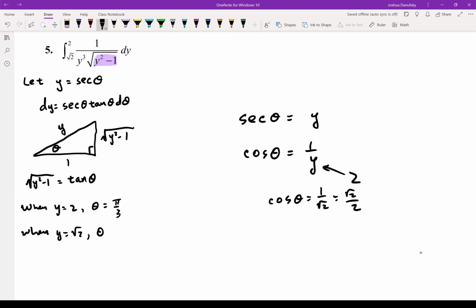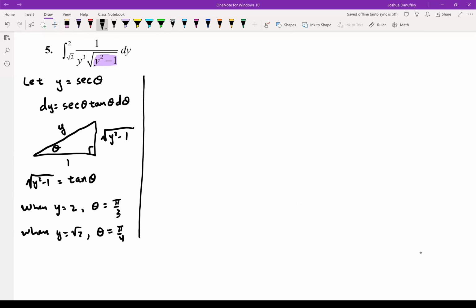That means that theta is pi over 4. And now we're ready to do our substitution. So we have the integral from pi over 4 to pi over 3. Our dy is going to be secant theta tan theta d theta.